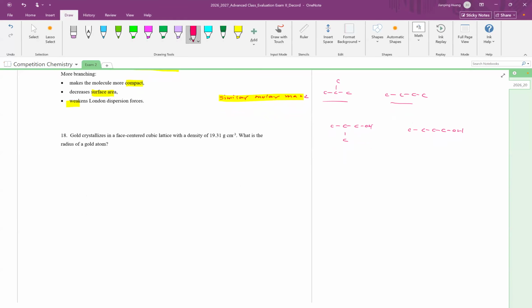Okay. Now let me give you the answer. And that answer, what's the radius? R is 144.1 pm. Give yourself 1 point. Right? How am I going to do that? So here's the face-centered CCP, right?